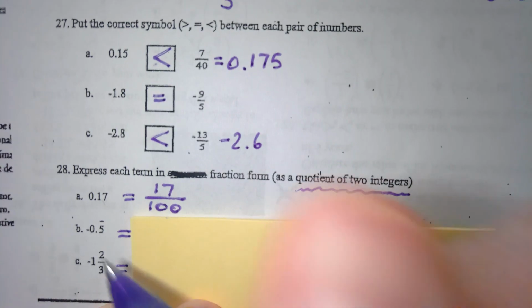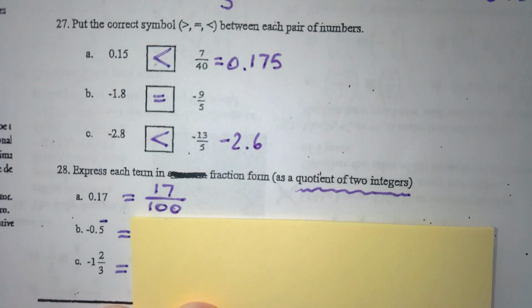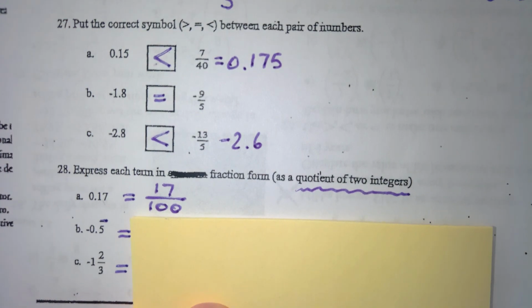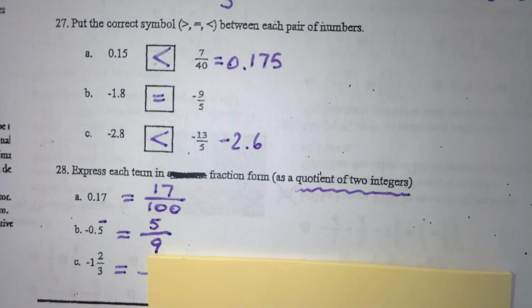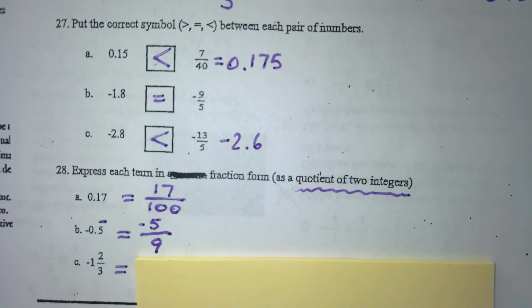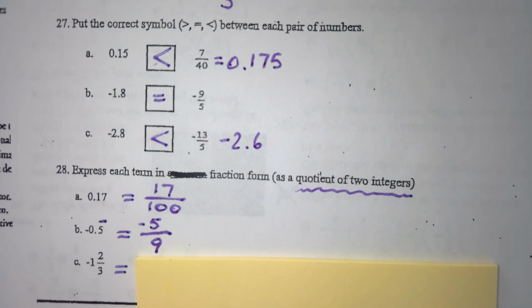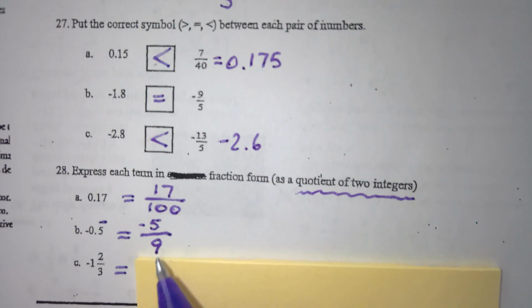Okay. This one though is tricky. Now this is a tricky one. I have a repeating 5. James. Over 9. That's right. That's the trick. Oh yeah, it is. Thank you. Ah, my morning class was falling asleep this morning. Okay, so that's the trick.